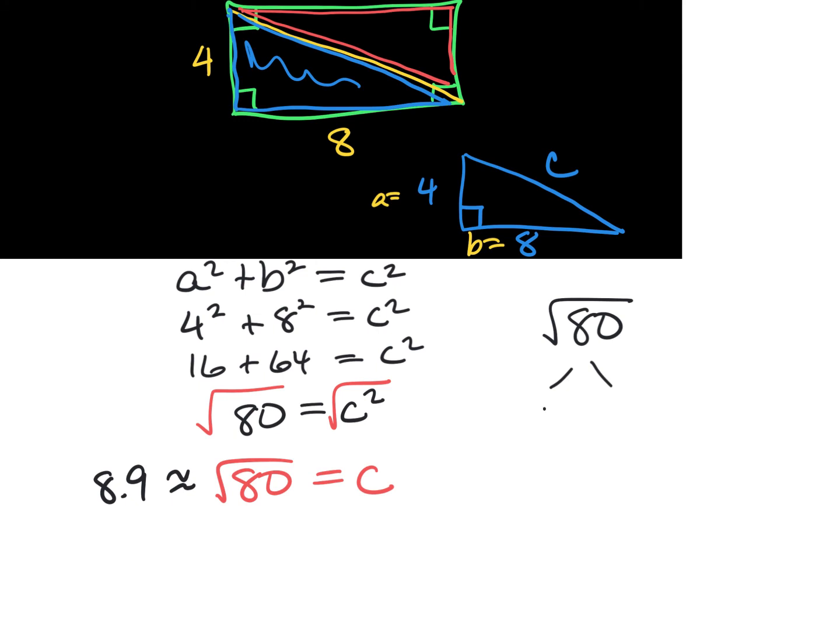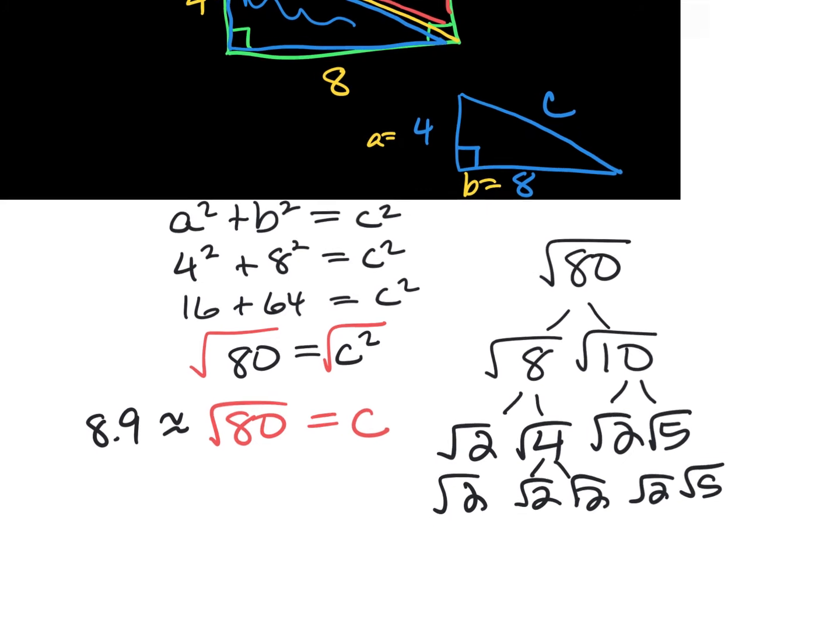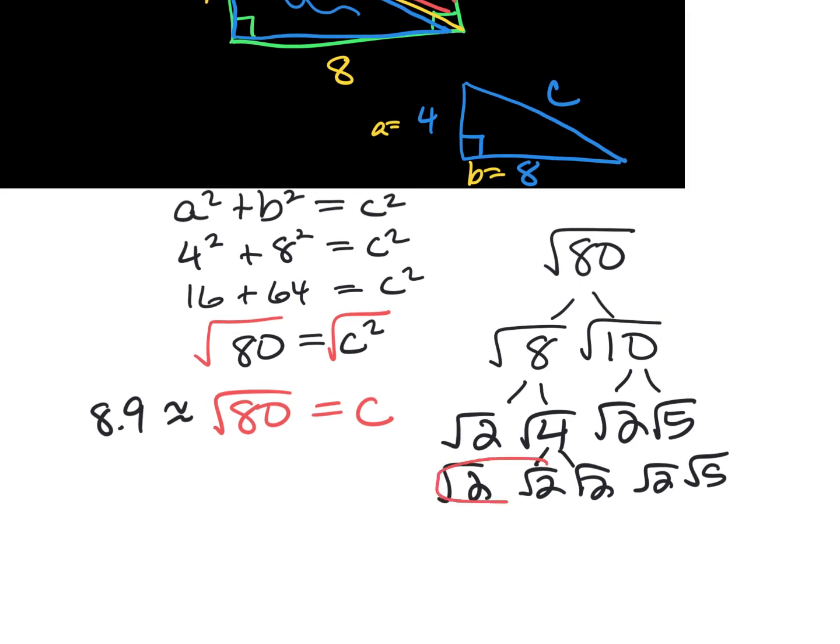Let's say you start with 8 times 10. Neither of these are prime, so I need to keep breaking it down. So 2 times 4, 2 times 5. I'm still not at prime. I still have to break down the 4. And now I look for pairs. I've got a pair of 2's. One of these 2's comes out.